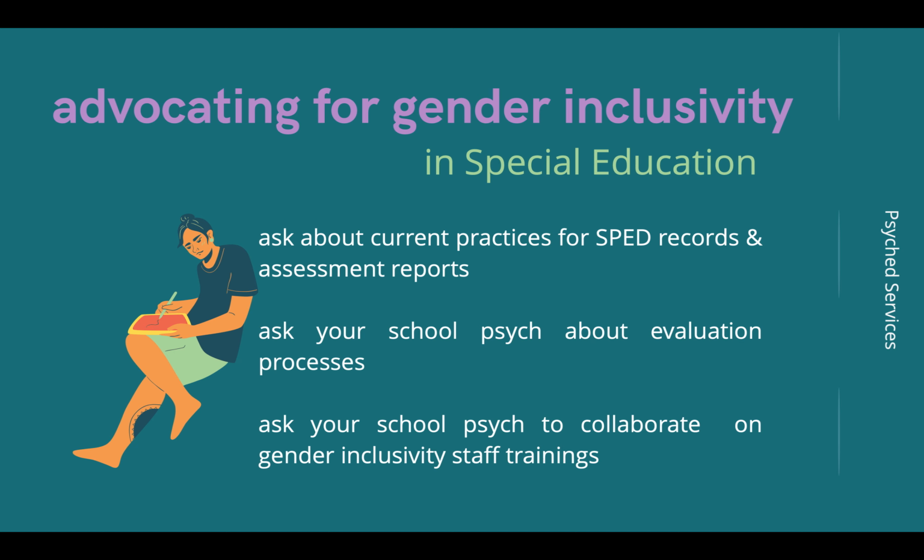And then the question becomes, how do we preserve that confidentiality? How do we ensure that previous records aren't sharing too much about the student, right? Sharing that they had a different gender that was assigned to them at birth, but is not who they are.